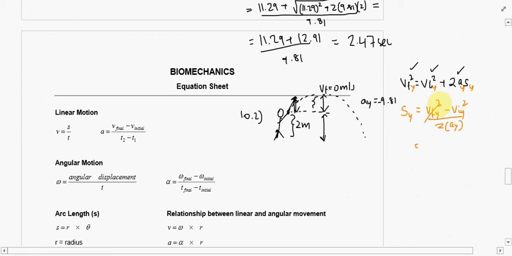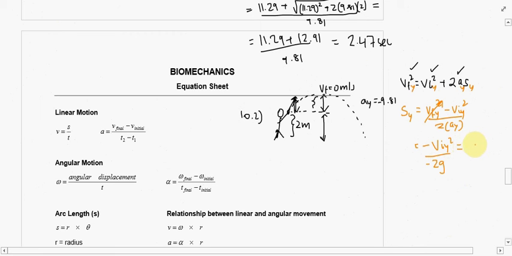Well, vf is just 0, because that's what we said here at the top. So this becomes negative viy squared over ay, which is just gravity, so this becomes negative 2 times g. Now I can just plug in values.